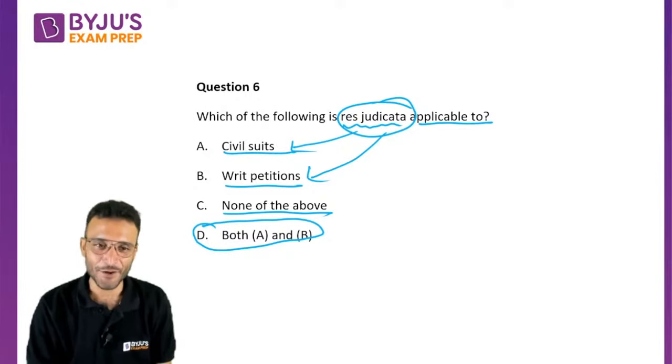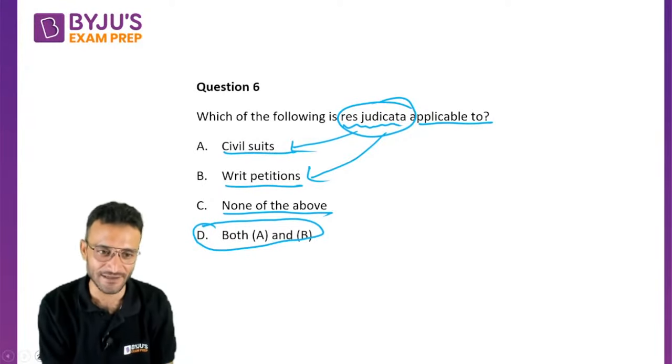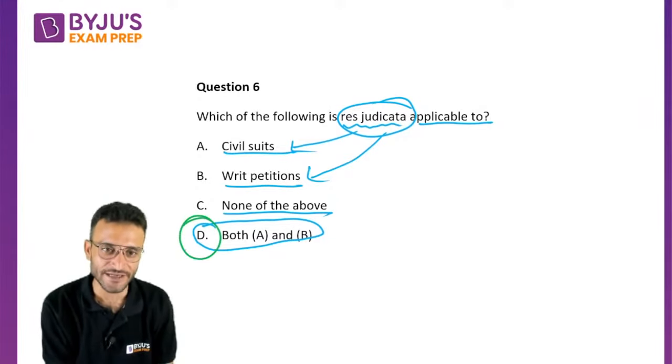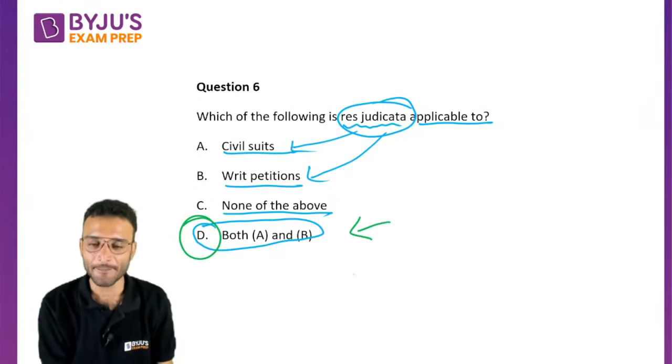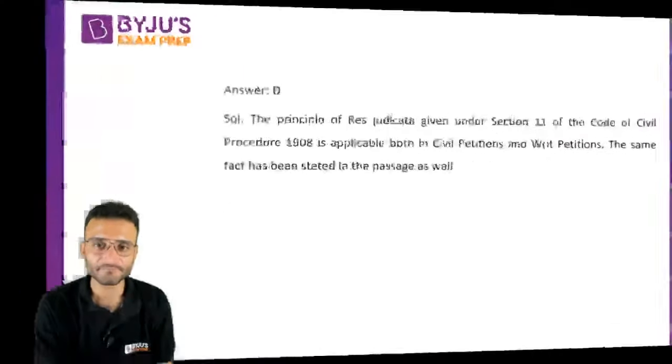The correct answer is option D. Very good. It is applicable both to civil suits as well as writ petitions. So option D happens to be the right answer over here. Both civil suits and writ petitions.